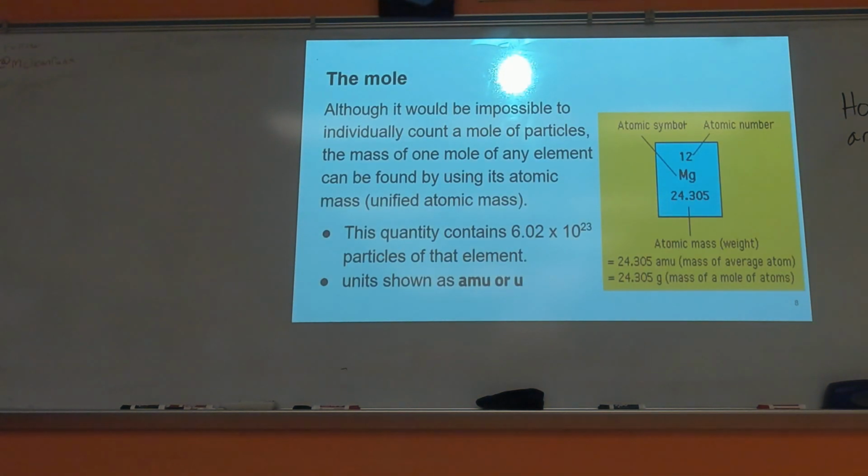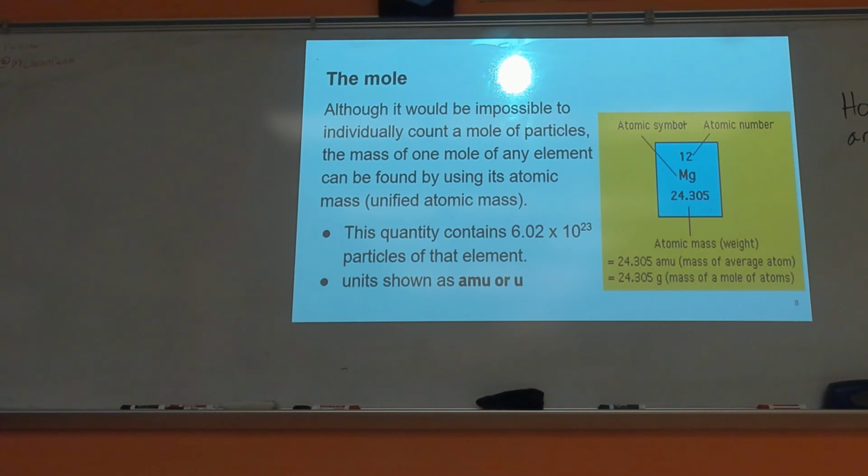You're a little confused. That's okay. A little bit more on the mole. It would be very, very difficult for you to count out a mole. The number is 6.02 times 10 to the 23rd. That's very difficult to count out, right? Fortunately, what the periodic table tells us is the mass number that we learned about.